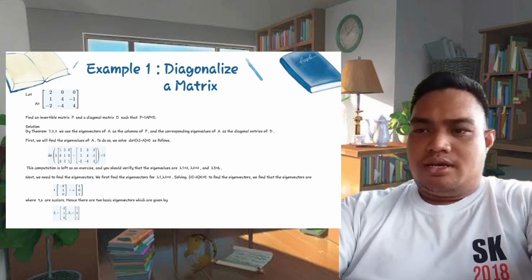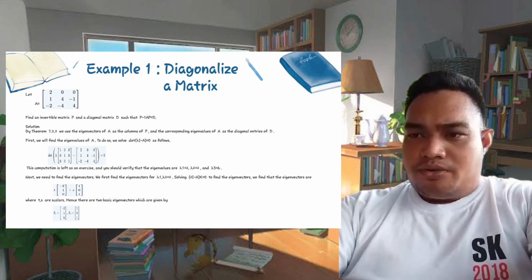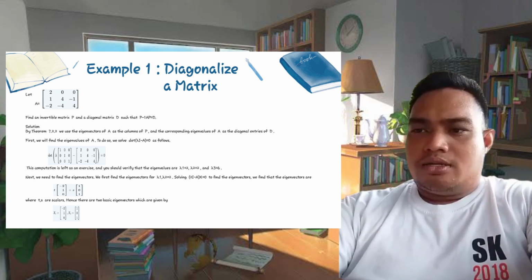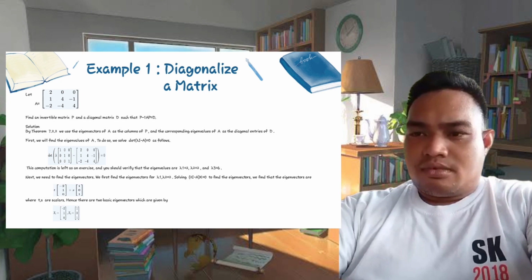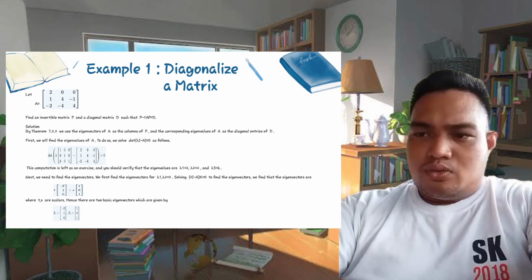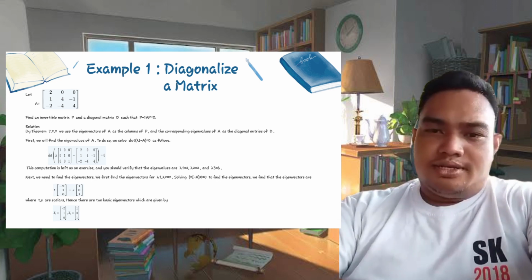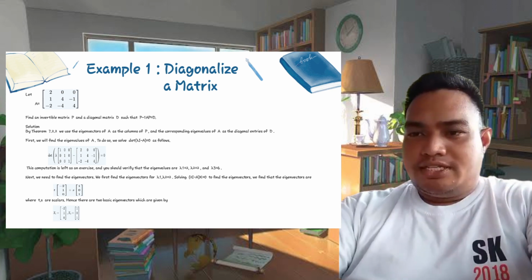Next, we find the eigenvectors. We first find the eigenvectors for λ equals 2, solving (λI minus A)x equals 0. To find the eigenvectors, we find that the eigenvectors are t times negative 2, 1, 0 plus s times 1, 0, 1, where t and s are our scalars.